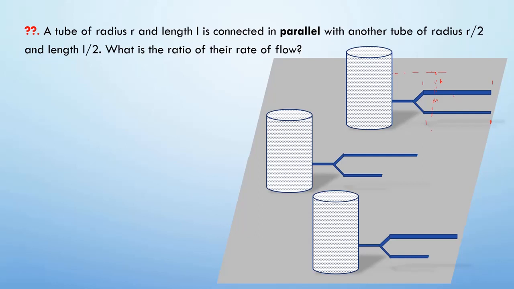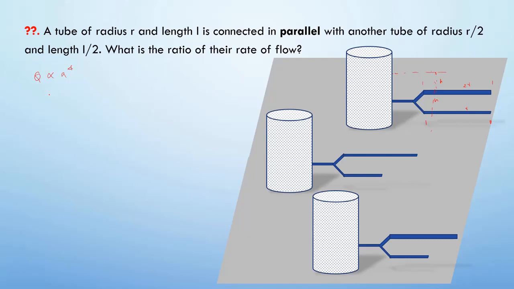Let's see what happens if this has a radius r and this has a radius 2r. What will be the rate of flow? Just for imagination, let's see. We have the rate of flow Q proportional to a to the power 4.